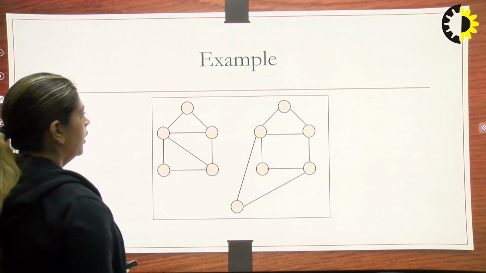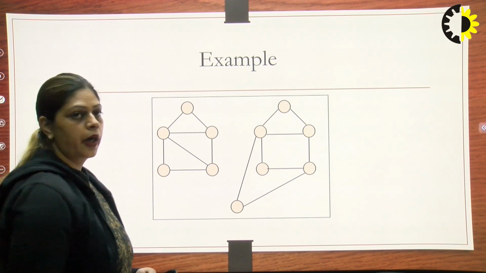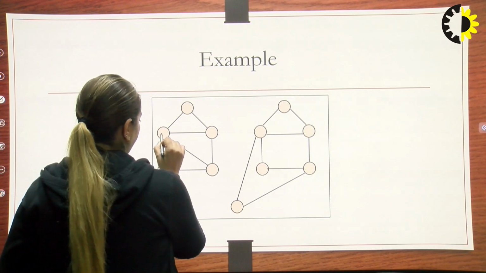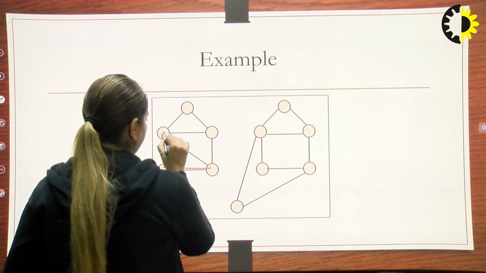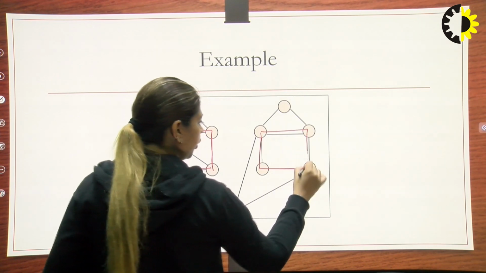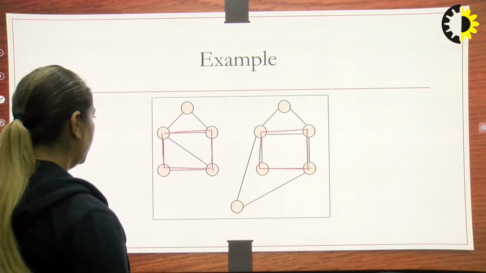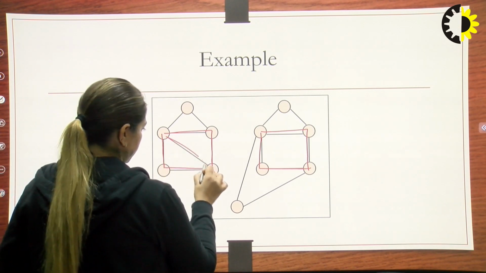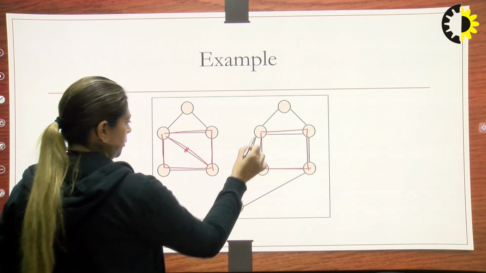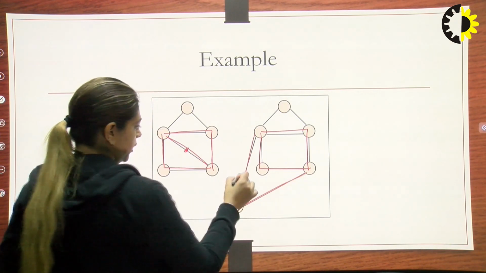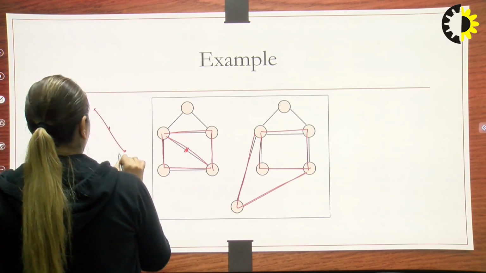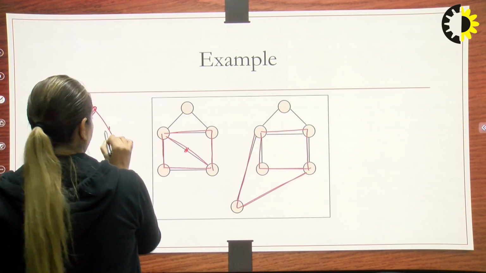Now, check whether these two graphs are homomorphic or not, right? We can see the shape here. This, this and this. This is the same here. Okay, no need to worry about this. We have this edge, right? This edge, if we take one vertex here, we can obtain this edge, right? Here there is a vertex, here there is a vertex, here there is a vertex.